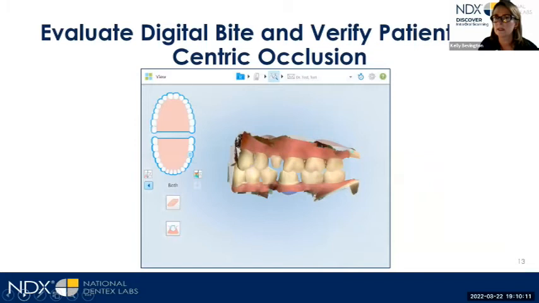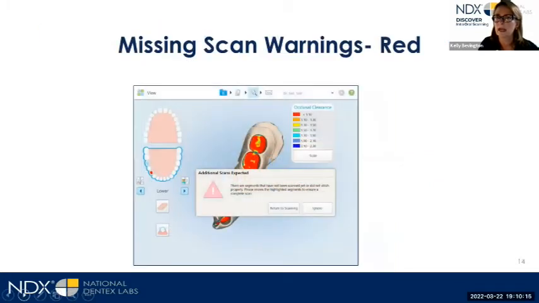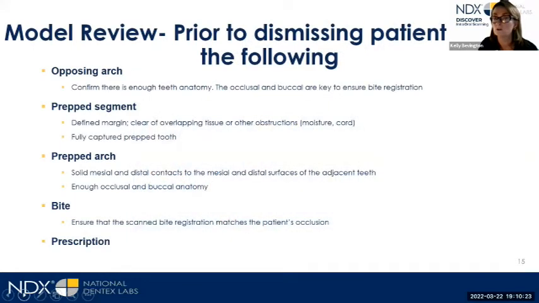Lastly is going to be to do your opposing and your bite registration, making sure that you assess your scan and that your bite registration is accurate and your occlusion is proper. So again, it's the opposing arch. It could be the prep arch first or the opposing arch. Brittany's going to demonstrate two different ways to do that by including a pre-preparation scan as well.